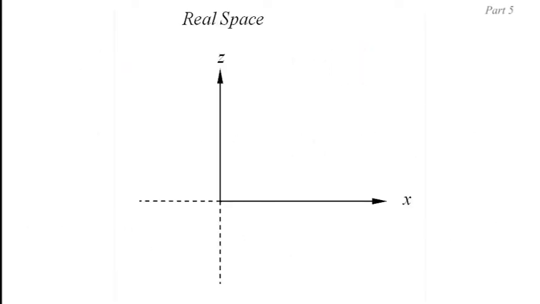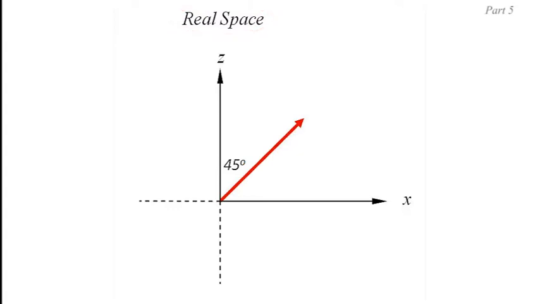For example, if we wanted to know the state vector for a spin in the xz plane of real space, ignoring y in this example, suppose a spin was pointing at 45 degrees to both x and z. The red arrow here represents that spin vector in real space and is in the plane of the screen. It's not pointing into the screen. For a spin magnetic moment definitely pointing in this direction, it clearly has more upness than downness in the z direction of real space.